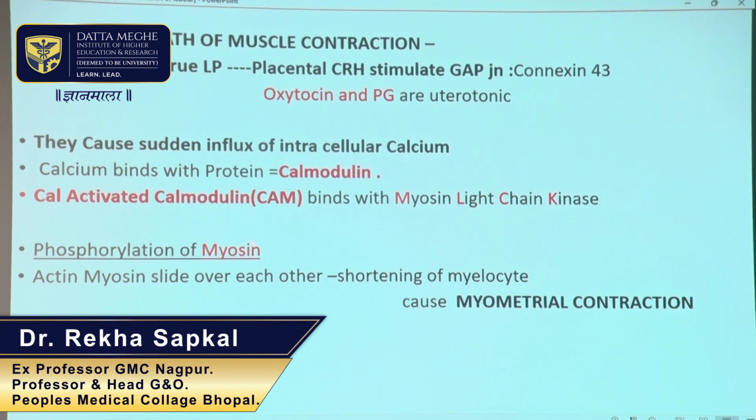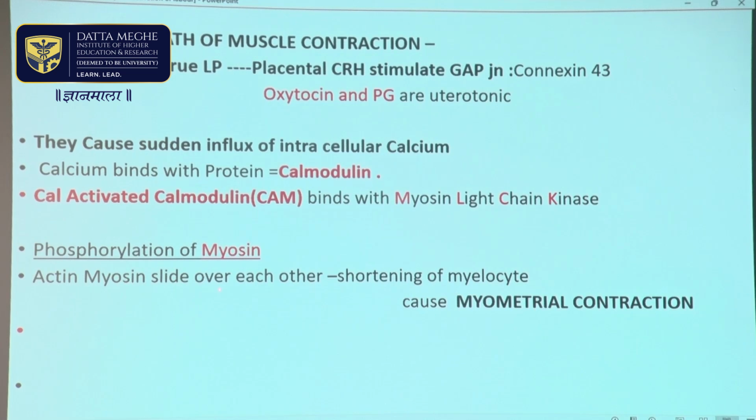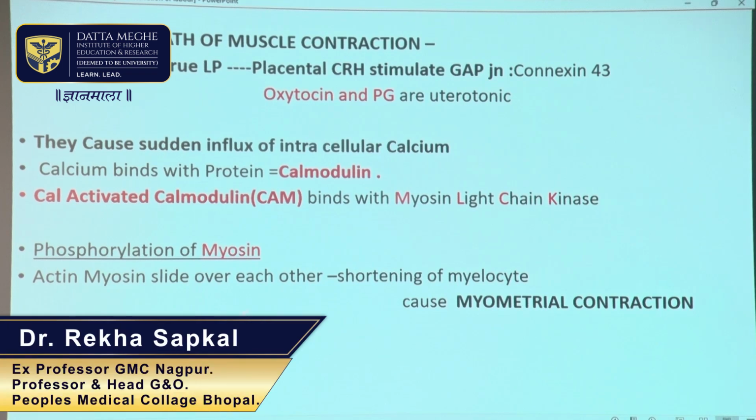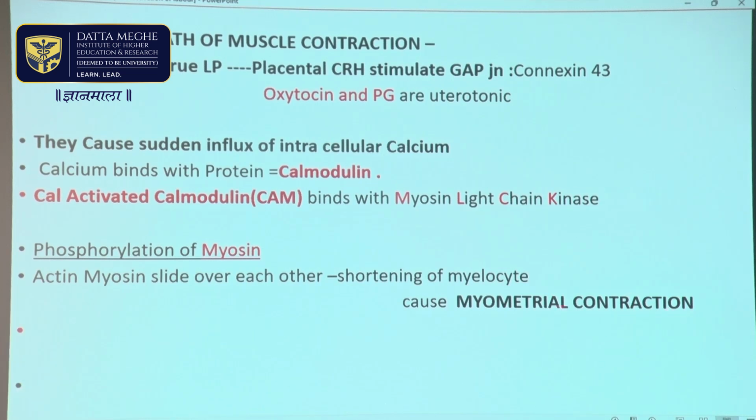With phosphorylation of this myosin, actin and myosin slide over each other, resulting in shortening of the myocyte, which causes myometrial contraction. So, this is how prostaglandins and oxytocin are effective in causing myometrial contraction with the onset of labor pains, true labor pains I am talking of.